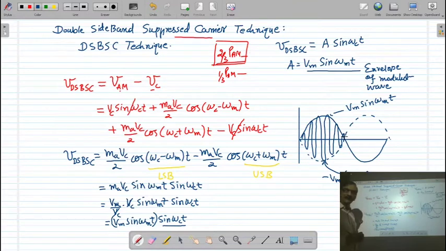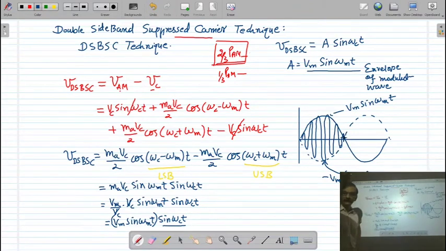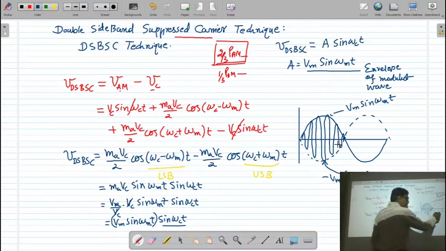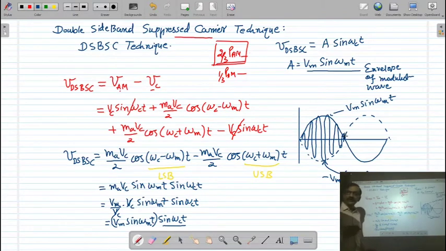Now, what is significant here? Significant is that we have a positive envelope and also a negative envelope. The positive envelope is crossing zero at this point and coming down. The negative envelope is crossing zero at this point and going up. So at this point, the positive and negative envelopes cross each other.